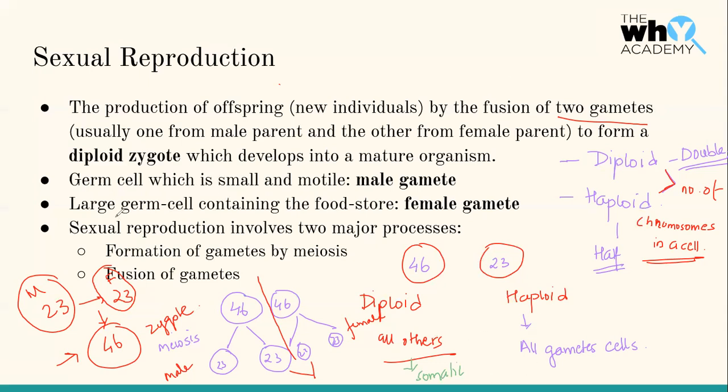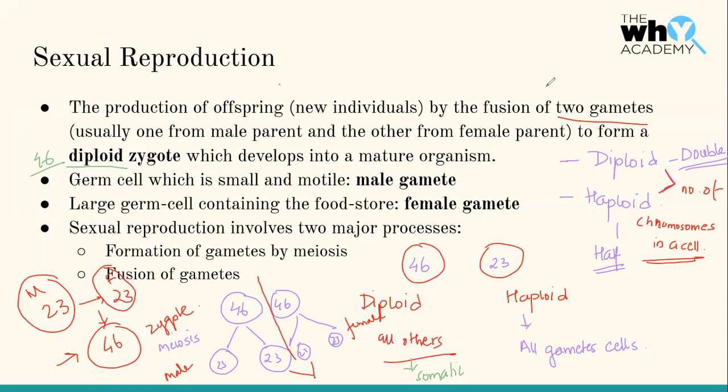So diploid zygote basically means diploid refers to 46, right? The haploid gametes come together to form a 46-chromosome zygote. Again, this might not be asked that much right now.